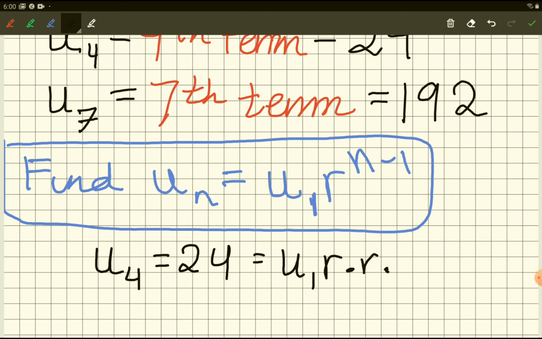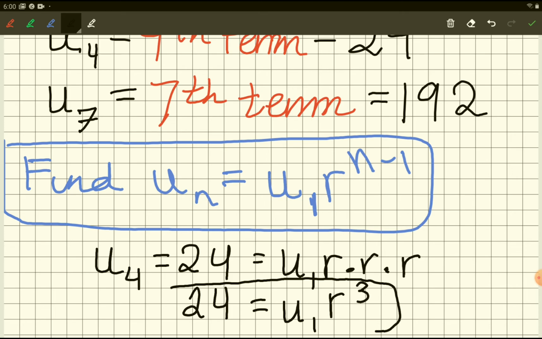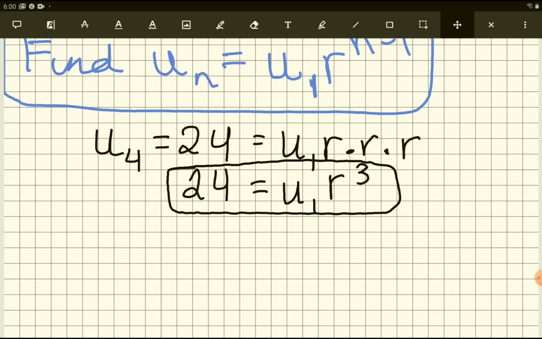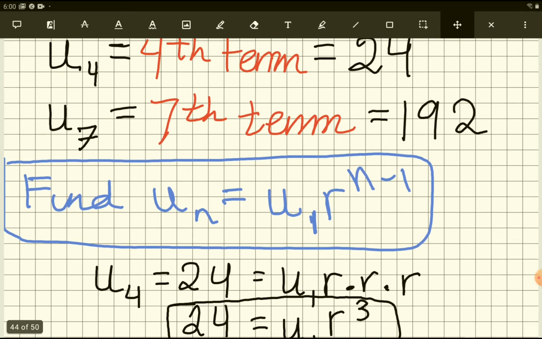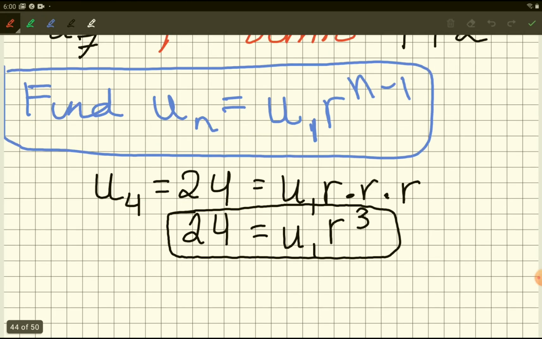So they said the 4th term was 24, but that's really just the 1st term times r times r times r to get the 4th term, right? So in other words, that's u1 times r to the 3rd. We're going to do that again with the 7th term.